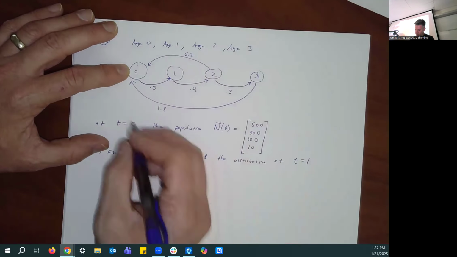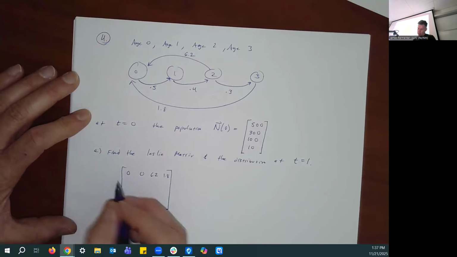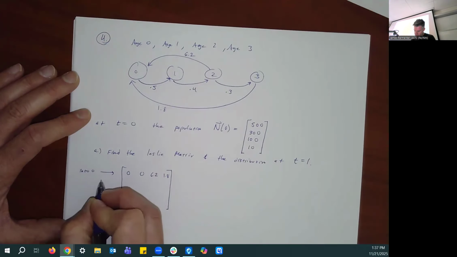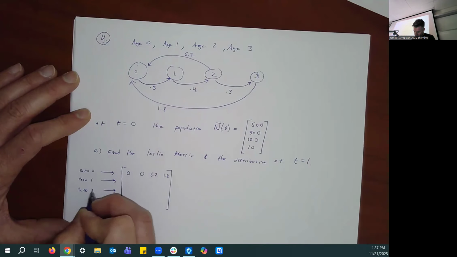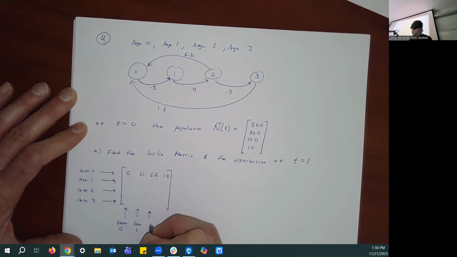And age 3, 1.8 times. I'm going to label it this way: this is into 0 and into 1 and into 2 and into 3. And the columns tell you where it's coming from. This is coming from 0, from 1, from 2, and from 3.